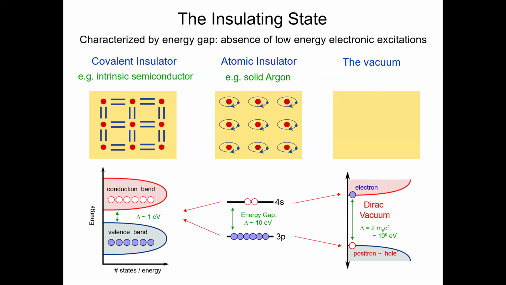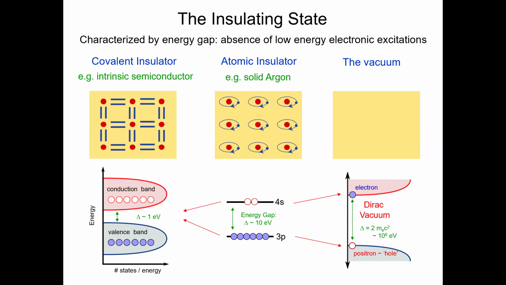Mathematically, these are really kind of the same. The only difference is that in Dirac's vacuum, the energy gap is 1,000,000 times bigger. So there's a sense in which all of these are kind of the same in the sense of topology.